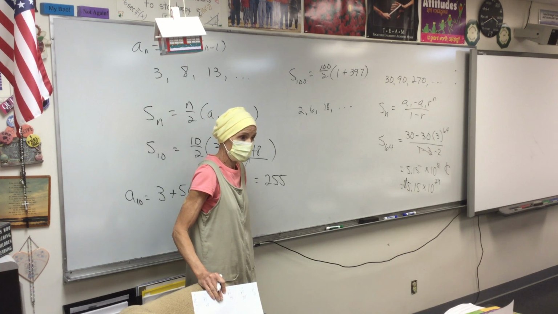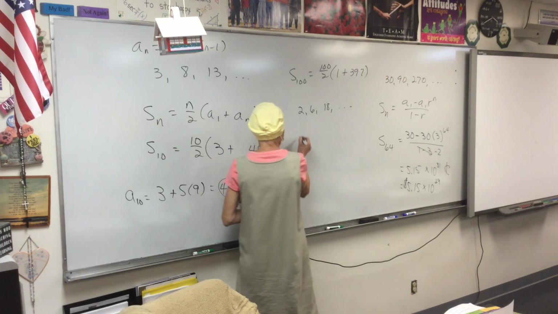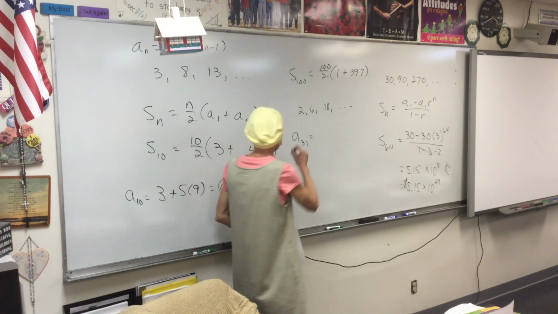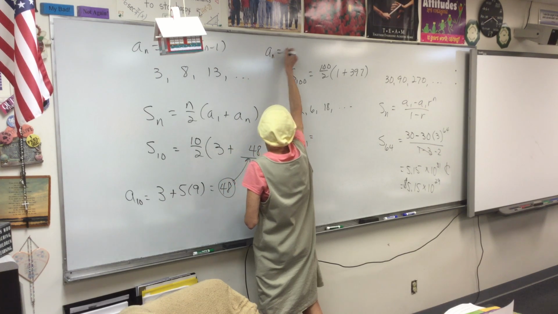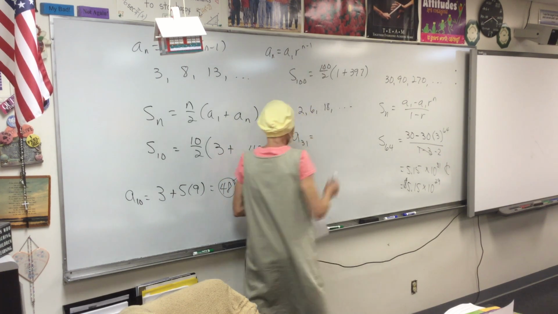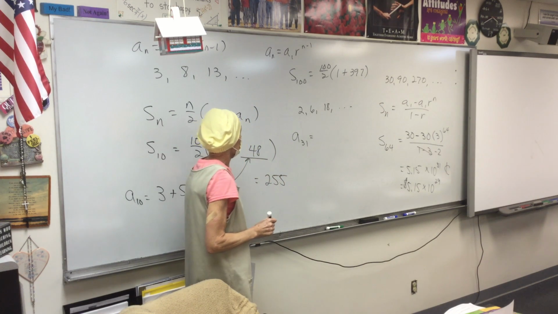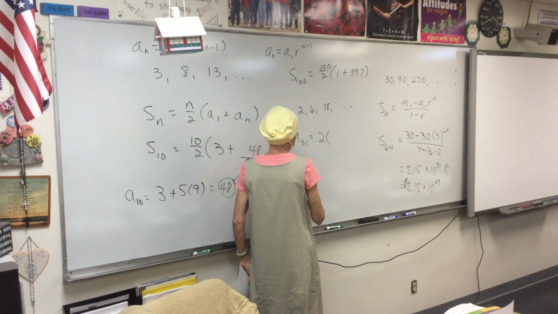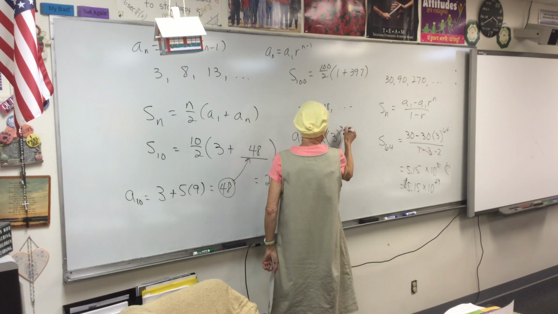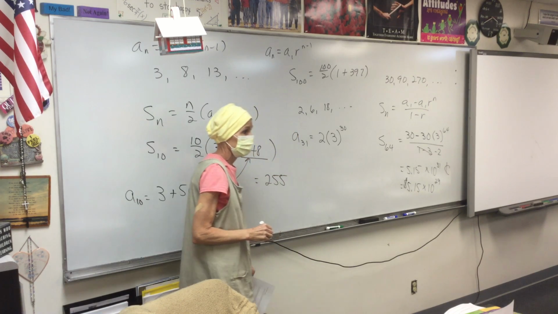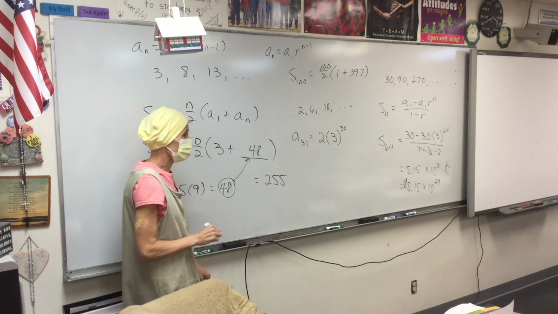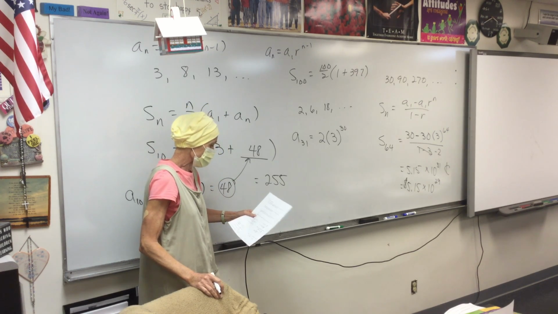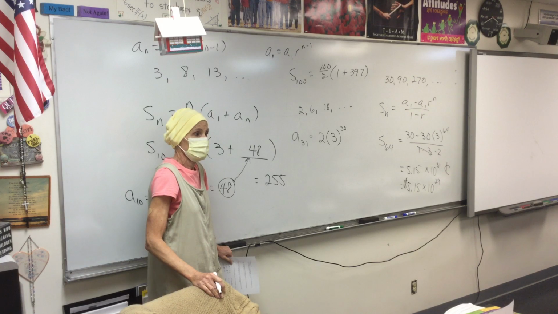How many days are in May? 31. So we want the 31st term. And the formula for that, geometric sequence. So we'll take 2 times 3 to the 30th. And it's a huge number. You're going to get E again. You're going to get scientific notation. And that's how many smiles she had on the last day of May.